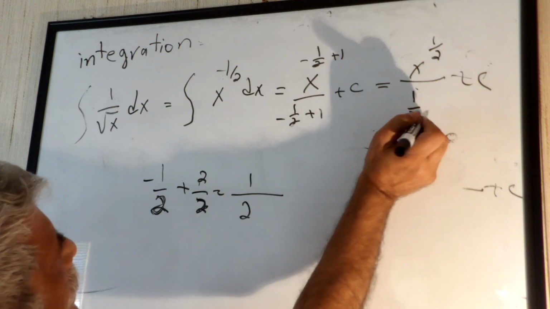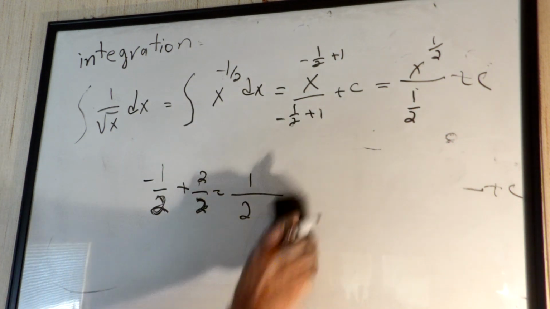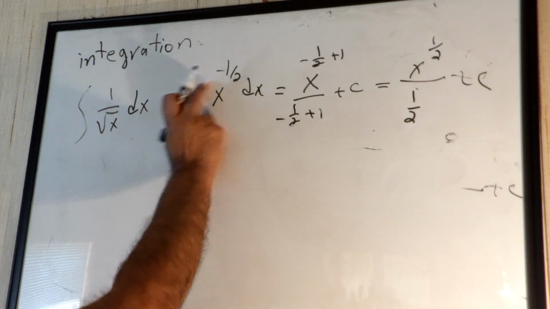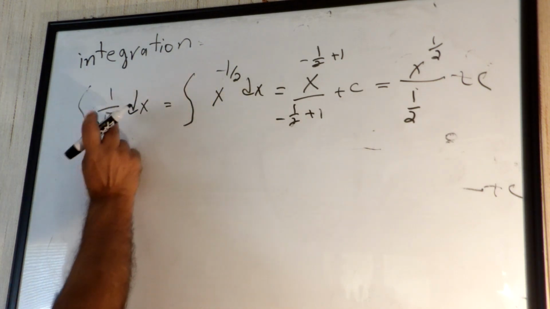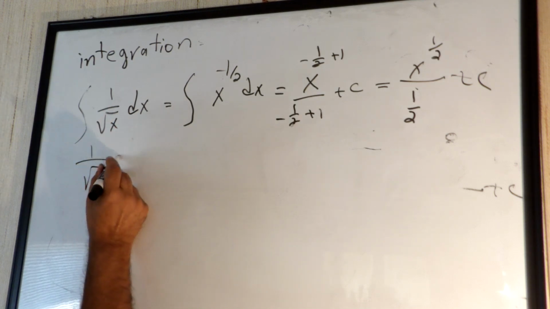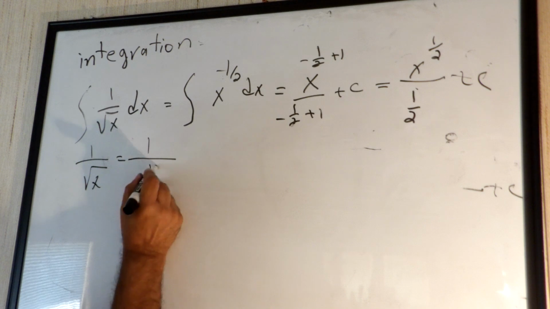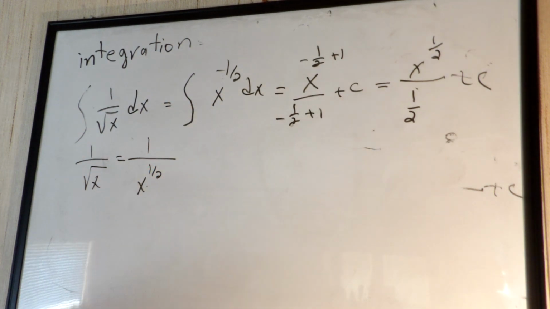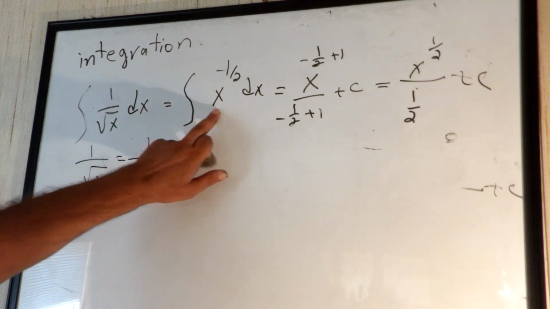So this is going to be 1 over 2. And then the result is going to be, see, when you bring this one up, if this one was x to the power of 2, but when you bring it up to the numerator, the sign is going to be changed.